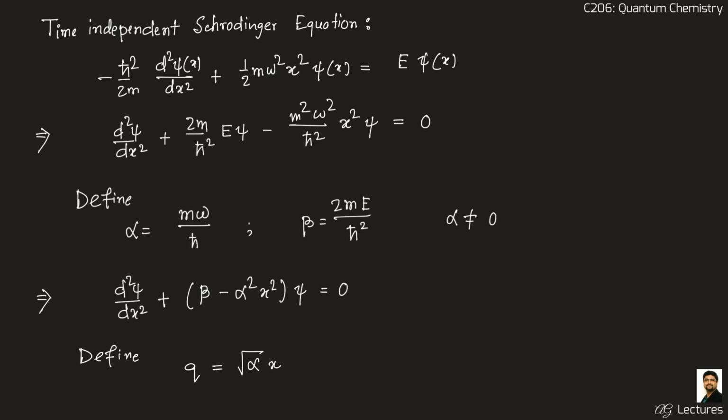This directly gives me dq equal to root over alpha dx, or in other words, I can write down that this gives me d dx is equal to root over alpha d dq.